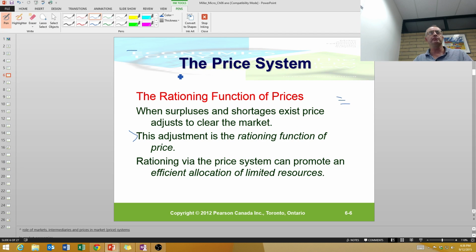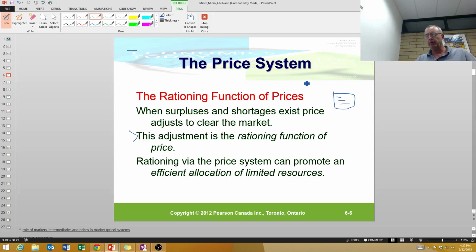Likewise, prices also ration the supply of inputs in the input markets to the resource buyers that are able to afford them. So it's the prices that send these signals in the input and the output markets to the respective buyers and sellers, telling them whether to increase or decrease their supply.